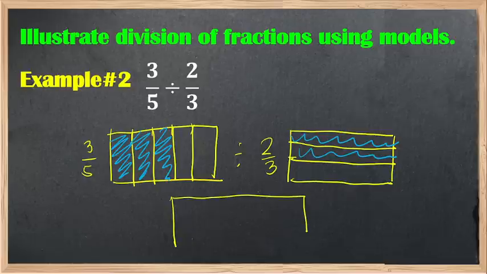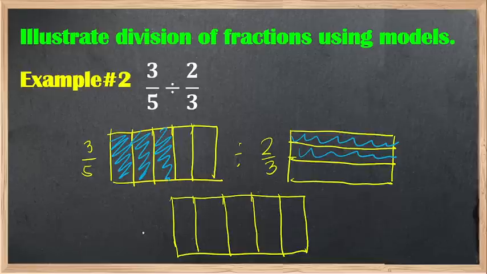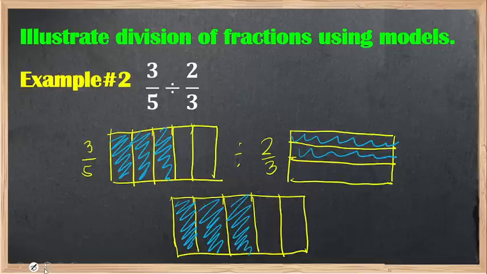We have 3/5. First, we're going to illustrate the 3/5. 1, 2, 3, 4 to make this one 5. Okay, and then the shaded region is equivalent to 1, 2, 3. And then the other fraction is 2/3.